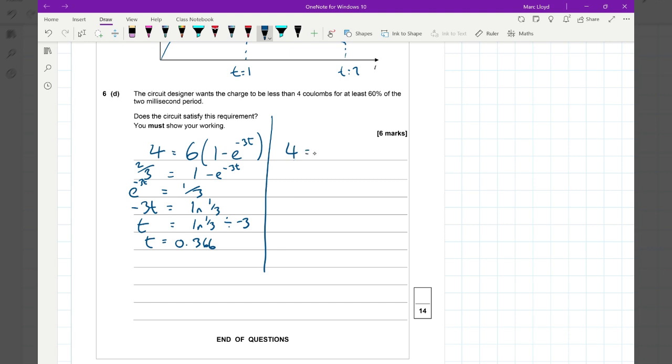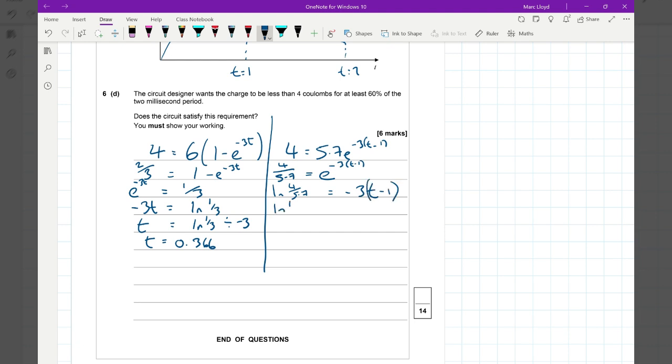Okay, next bit, let's work out when it hits 4 on the way down. So 4 equals 5.7 e to the minus 3 times t minus 1. 4 divided by 5.7 will equal e to the minus 3 times t minus 1. Apply the natural log, so the natural log of 4 over 5.7 equals minus 3 times t minus 1.